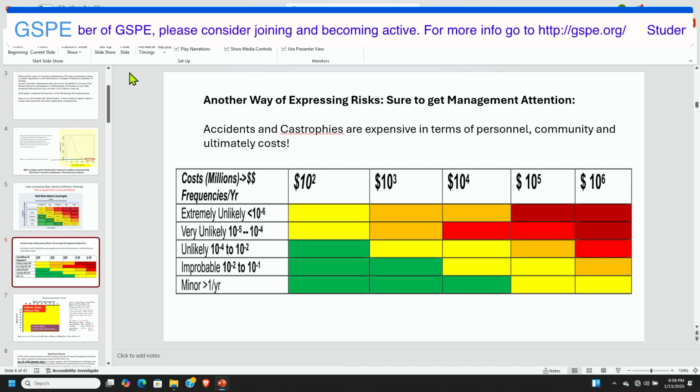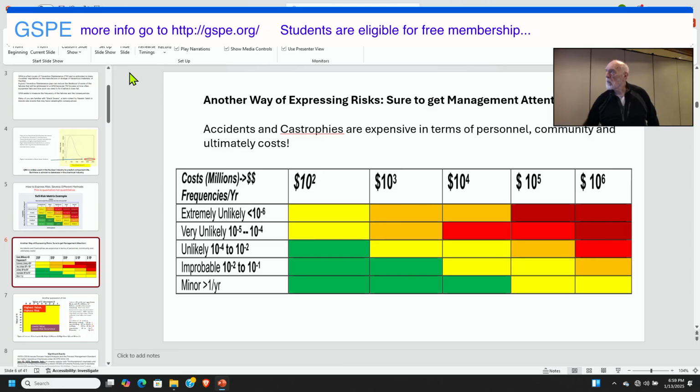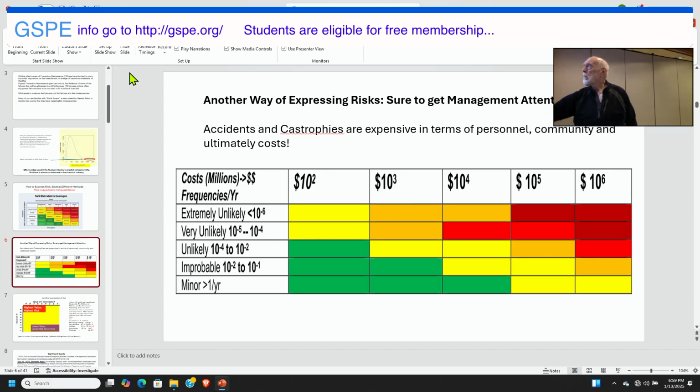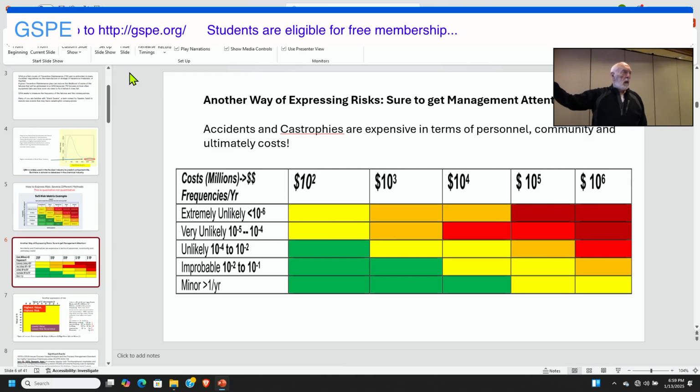All right, another way of expressing this that's sure to get management's attention is you put dollar signs on it. And across the top, those are powers of millions of dollars per incident. So the first one might be 100 million to a million.